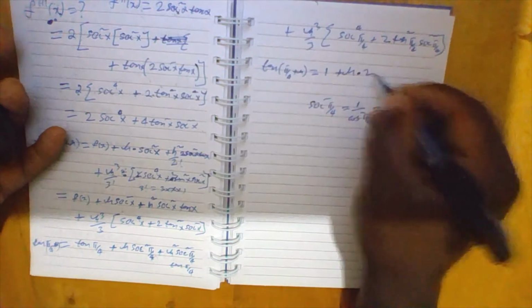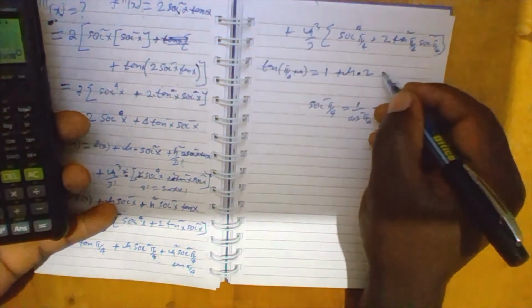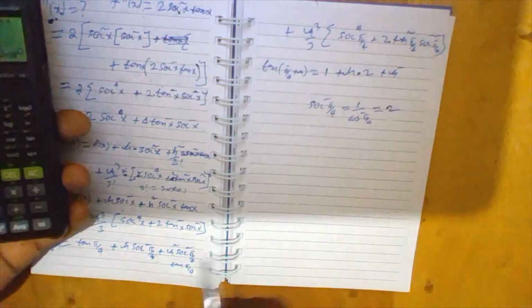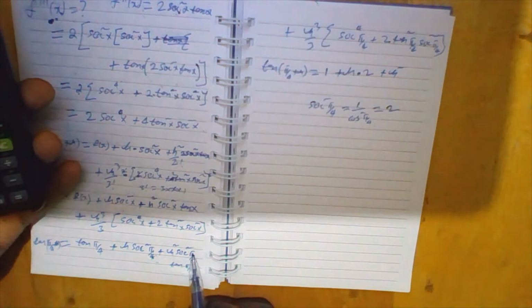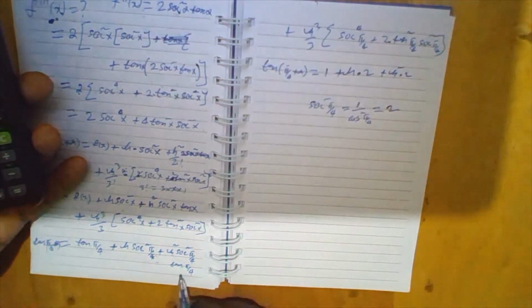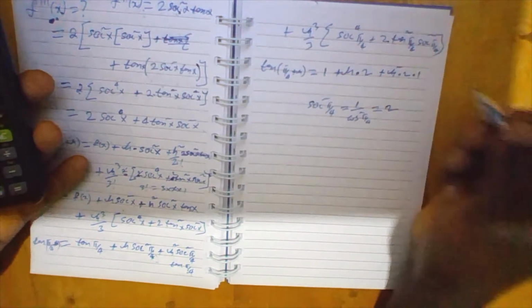So this is 2. Then plus h squared, now sec squared is 2, then tan pi over 4 is 1, so 2 dot 1.